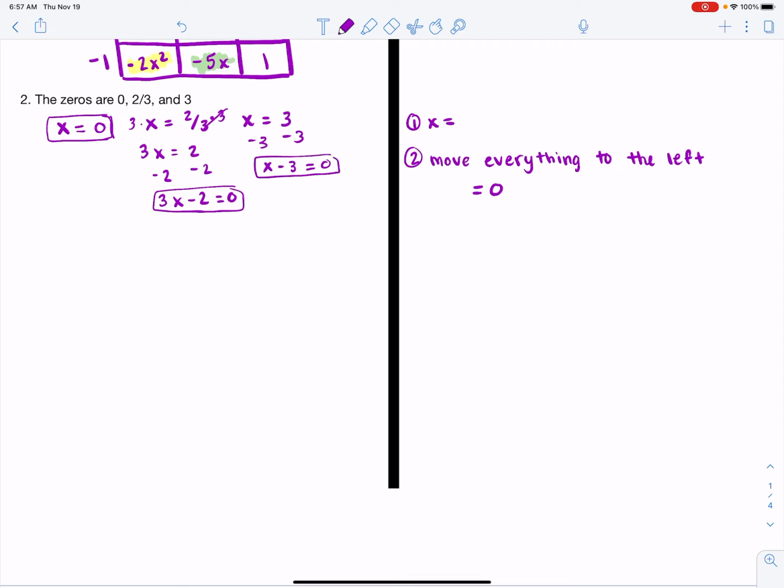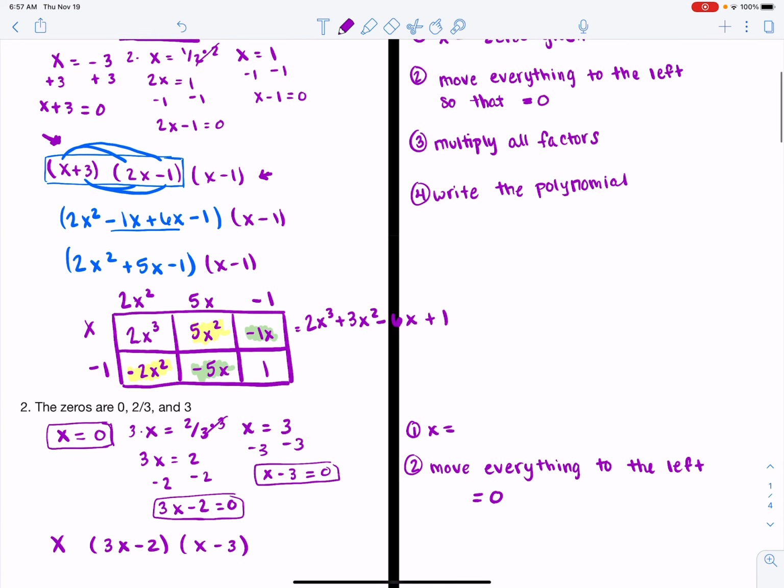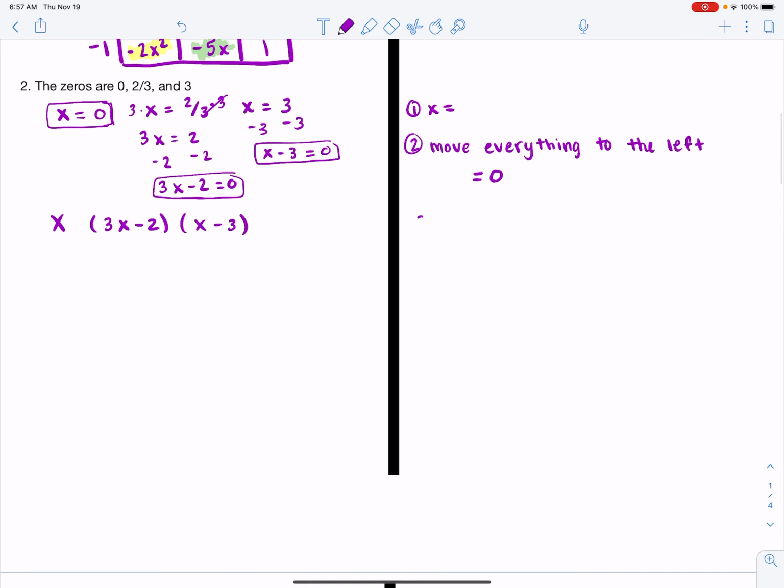So I have 3 factors. x, 3x minus 2, and x minus 3. Okay, now multiply them all together. It doesn't matter which factors you choose to multiply first, but you need to pick 2 to multiply and then multiply the other after that.